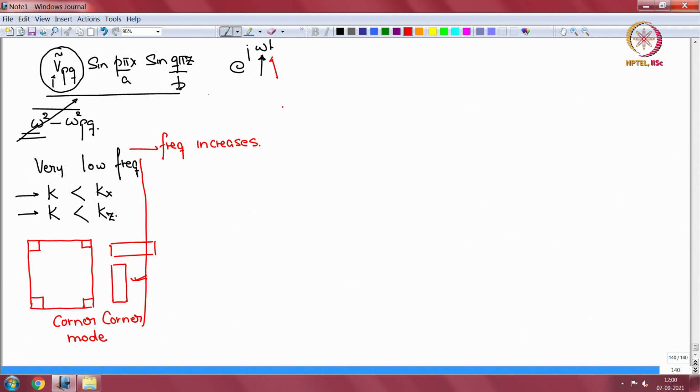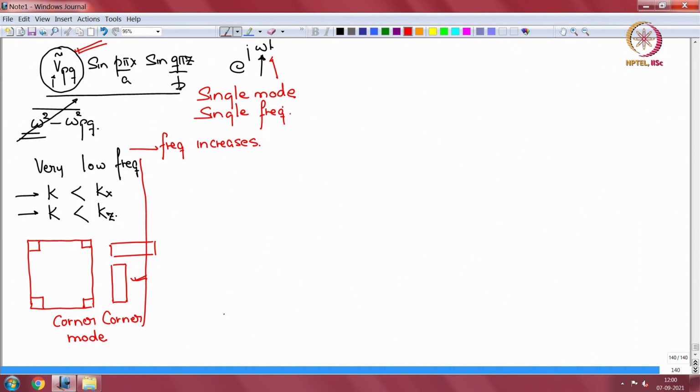So we are looking at single mode vibrations at single frequencies. And very specifically we keep the amplitude a constant.